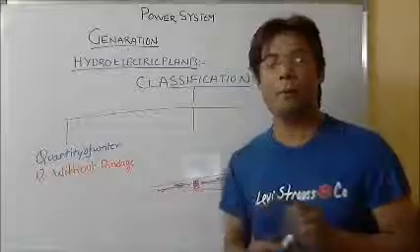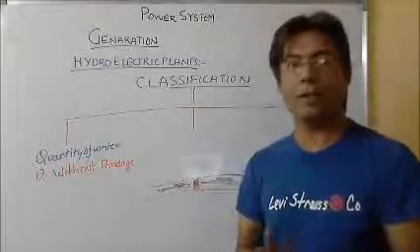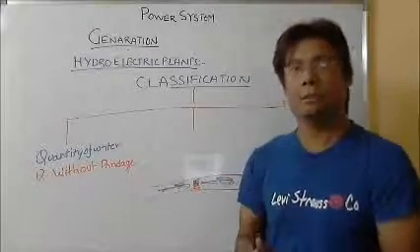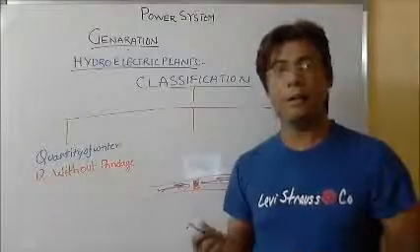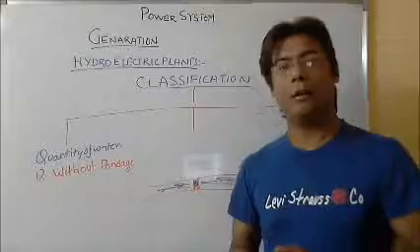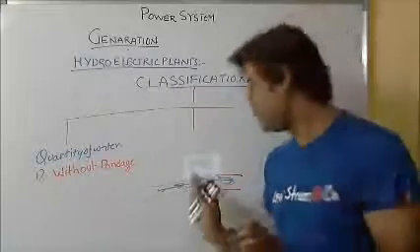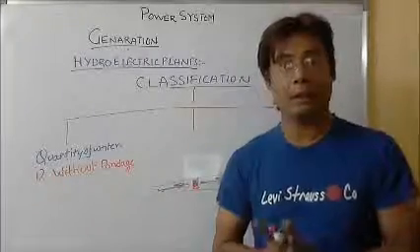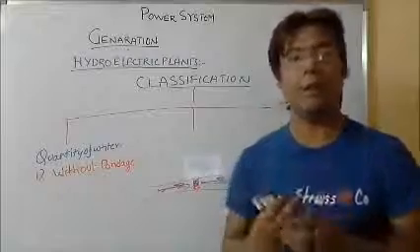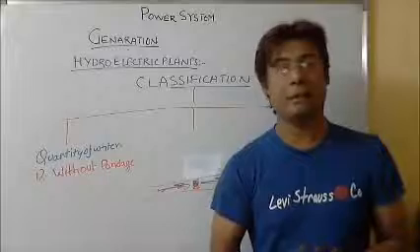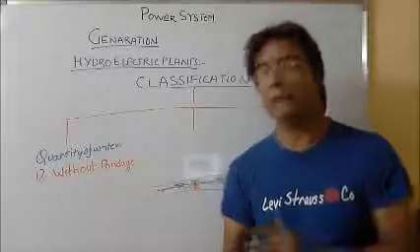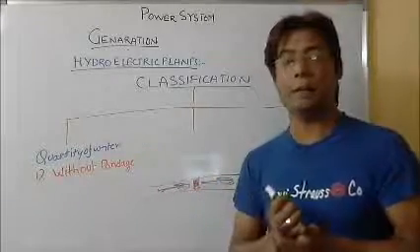This is for a very small station, and it is always dependent on the availability of the water. As soon as May comes and the water is less, this generating station will not be working properly. As soon as July or August comes, the rainfall is high and the flow of water in the stream is high. At that time, we will have this type of generating plant working very fine.